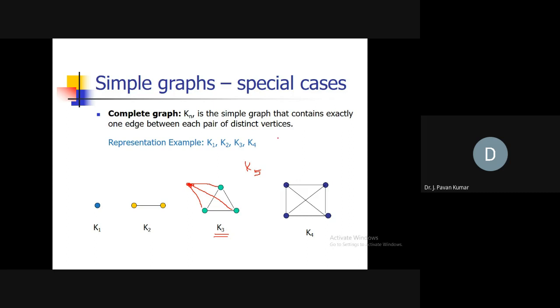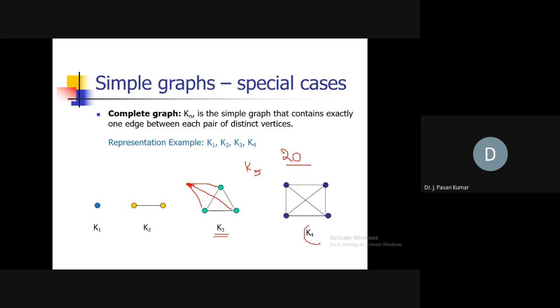In K5 there are 5 vertices, and for every pair of vertices we have an edge. So it will be 5 into 5 minus 1, which is 20. Yes, 20 edges for K5.